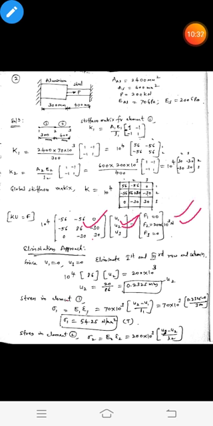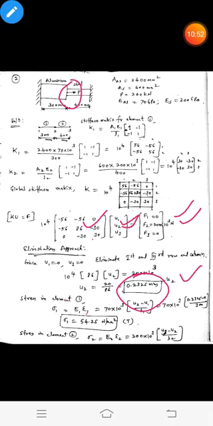Therefore U2, if you calculate, you will get 0.2325 mm. This is the displacement at node 2, that is at the point of application of load.